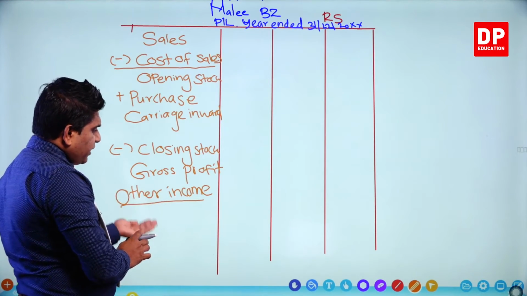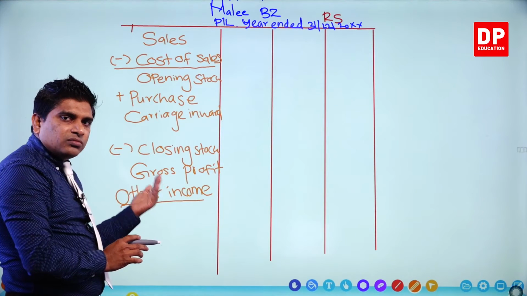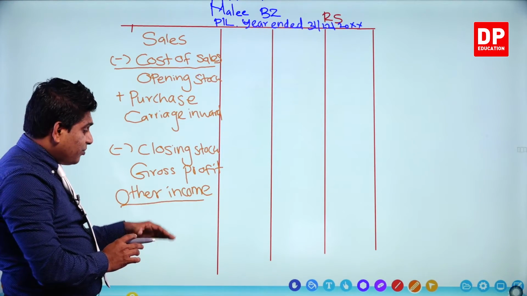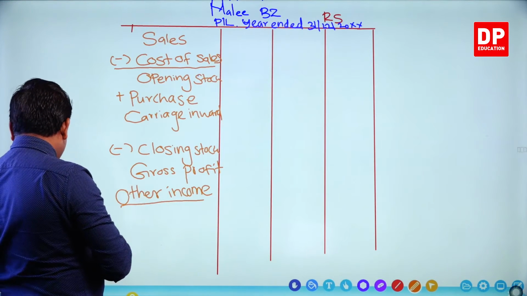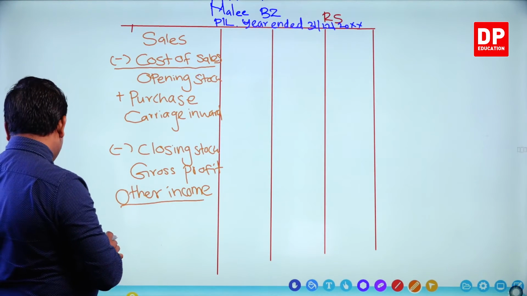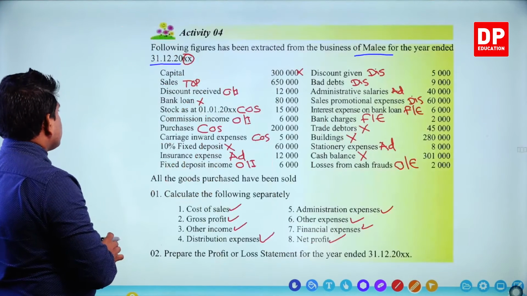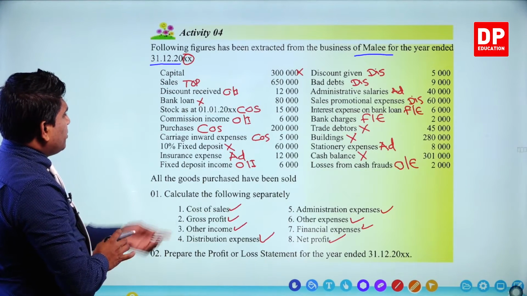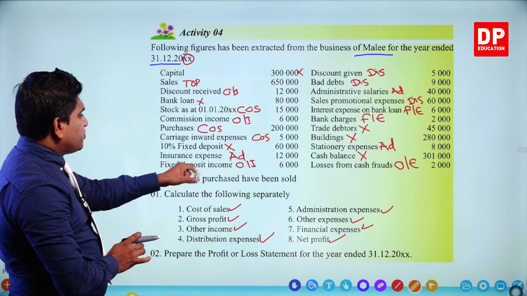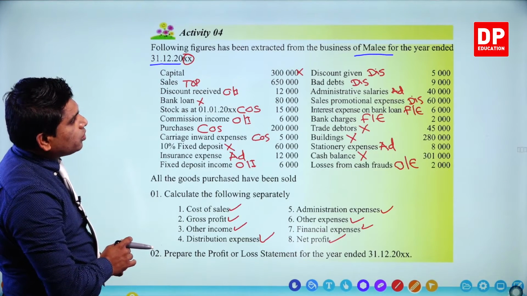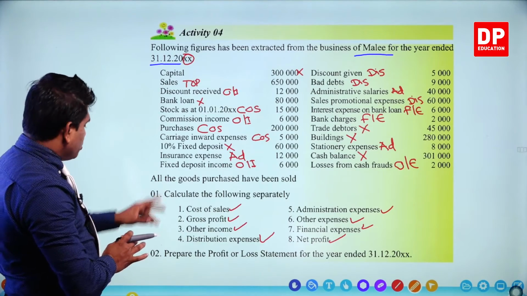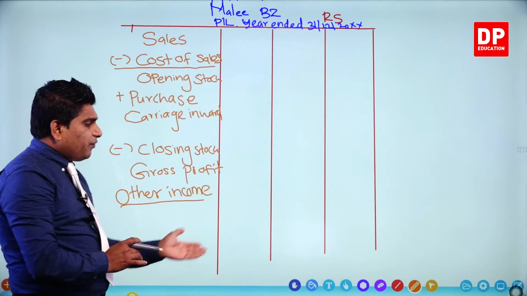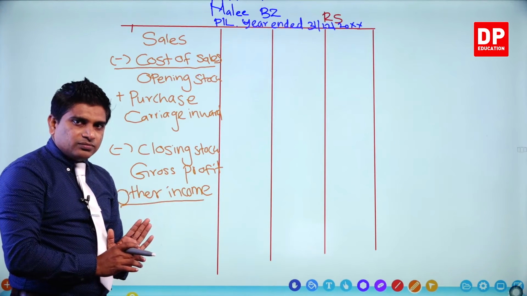Under other income, we can write interest income, house rent income, commission income, all other income. Check how many other incomes are given. Commission income is 1, then fixed deposit income is 2. Are there any other? Only 2, right? So you give 2 lines and we can find the total income.